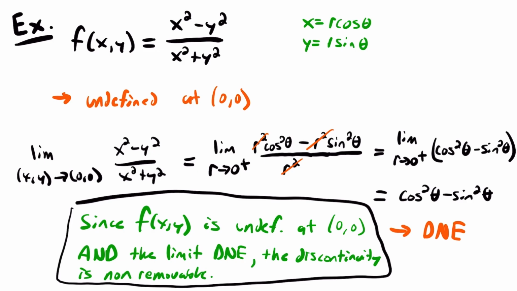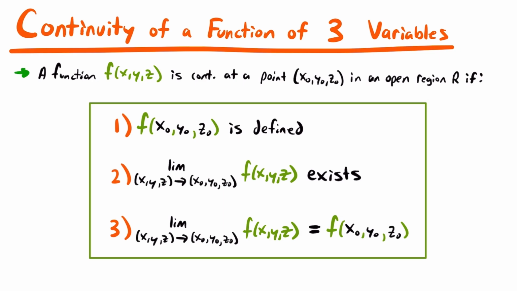But real quick, to close out this lesson, we can also consider the continuity of multivariable functions of three variables. And it's really not all that different from what we've already done with single variable functions and functions of two independent variables. The continuity of a function of three variables works like this.